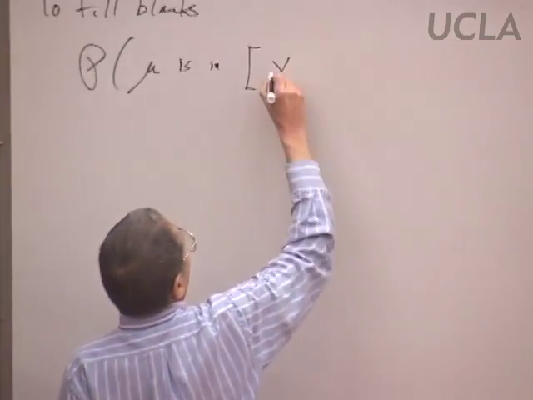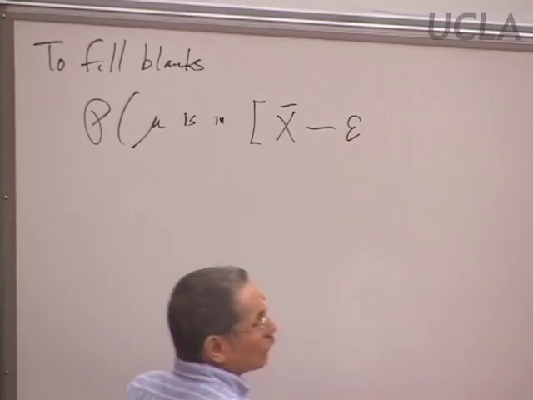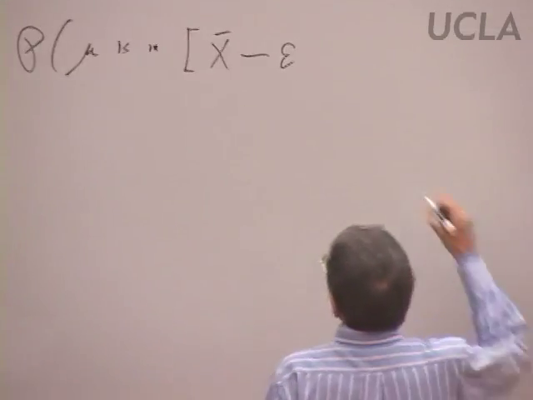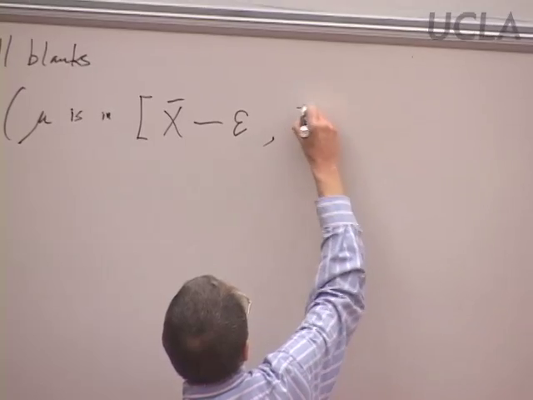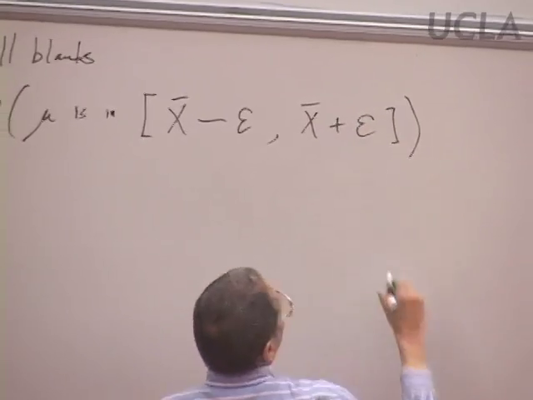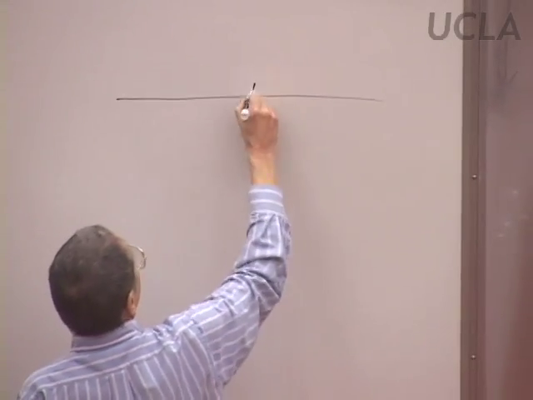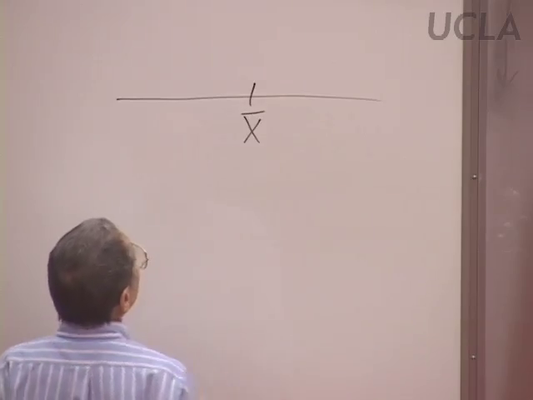So it's x bar minus some quantity, call it epsilon, up to x bar plus epsilon. Here's the picture. That's the real line. X bar is somewhere.